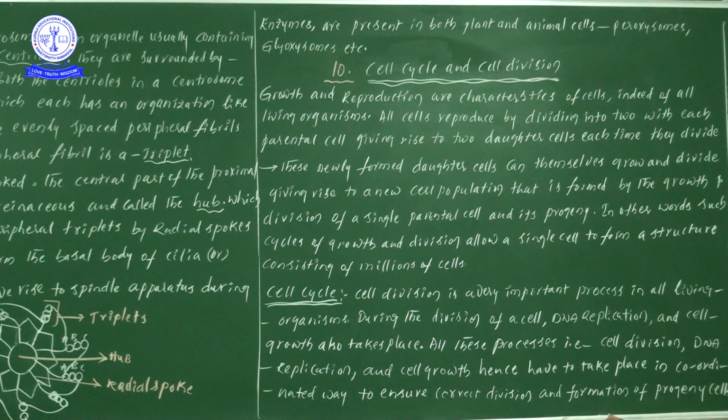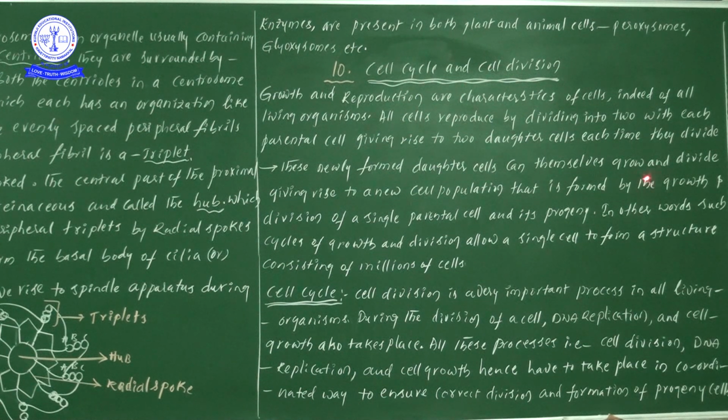Once one parental cell divides by the process of cell cycle and cell division, two daughter cells are formed.